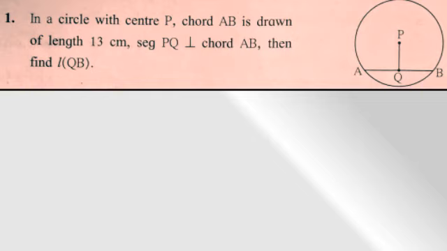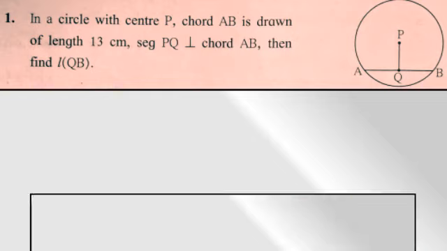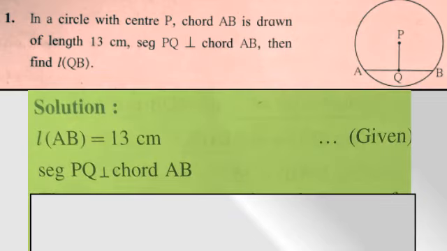Then we have to find the length of QB. Let's see the answer. At first we have to write what is given in the question, that is, length of AB is equal to 13 cm and segment PQ is perpendicular to chord AB. Now students, here they ask us to find the length of QB.